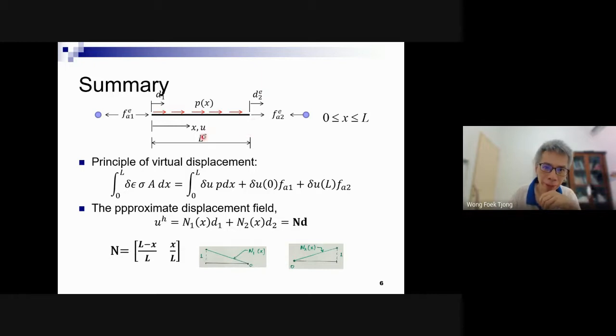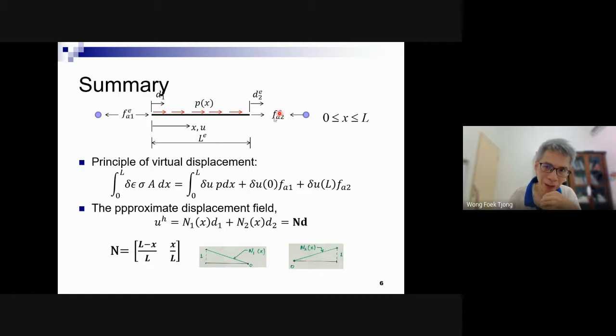Let's say element number E, the bar length is LE, and then the bar is subjected to distributed axial force Px, and also to nodal force, because without this one, the bar may not be in balance.